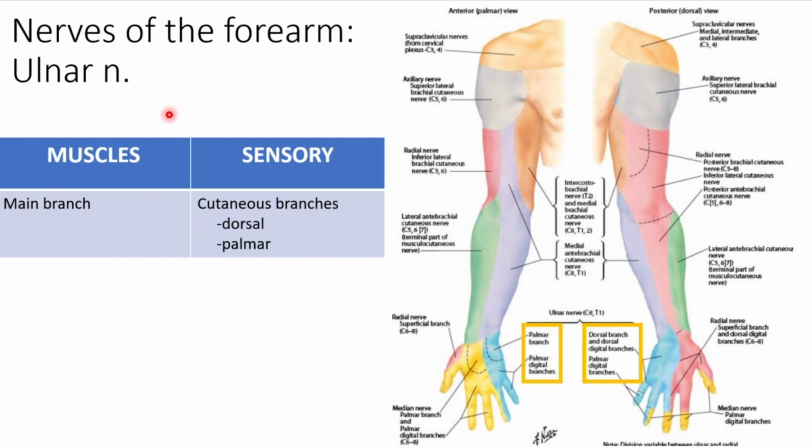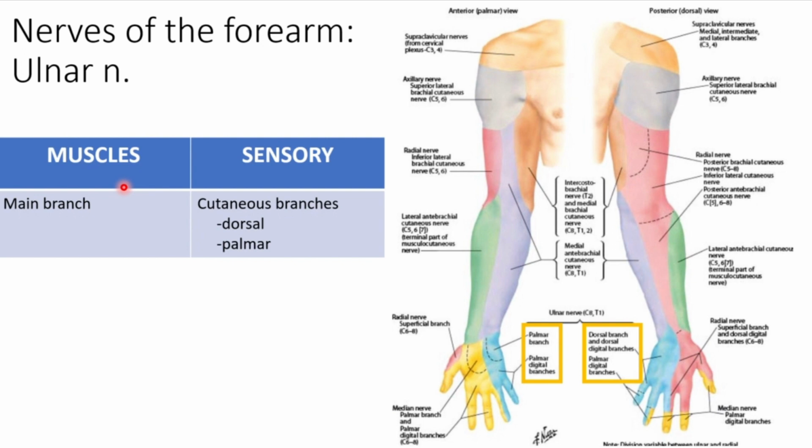The ulnar nerve courses posteriorly to the medial epicondyle of the humerus before entering the forearm. The main branch of the ulnar nerve innervates the flexor carpi ulnaris and the ulnar half of the flexor digitorum profundus before advancing distally to enter the hand.